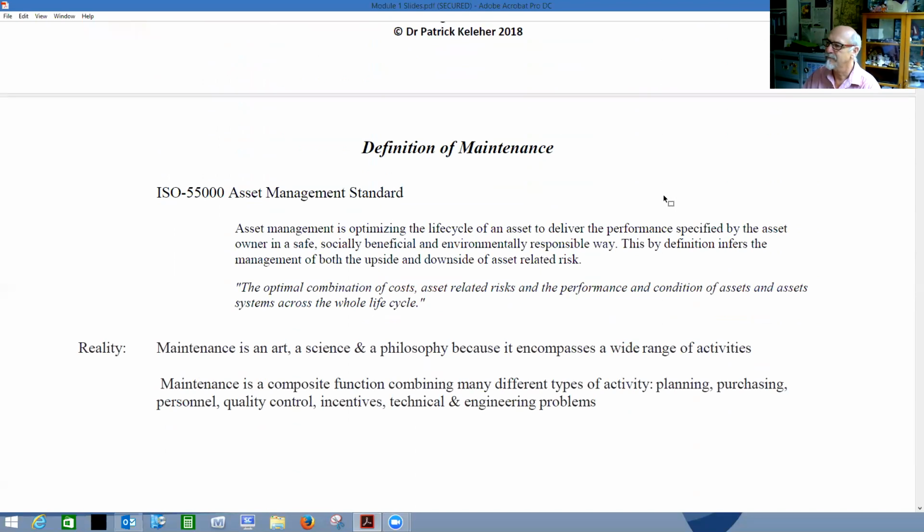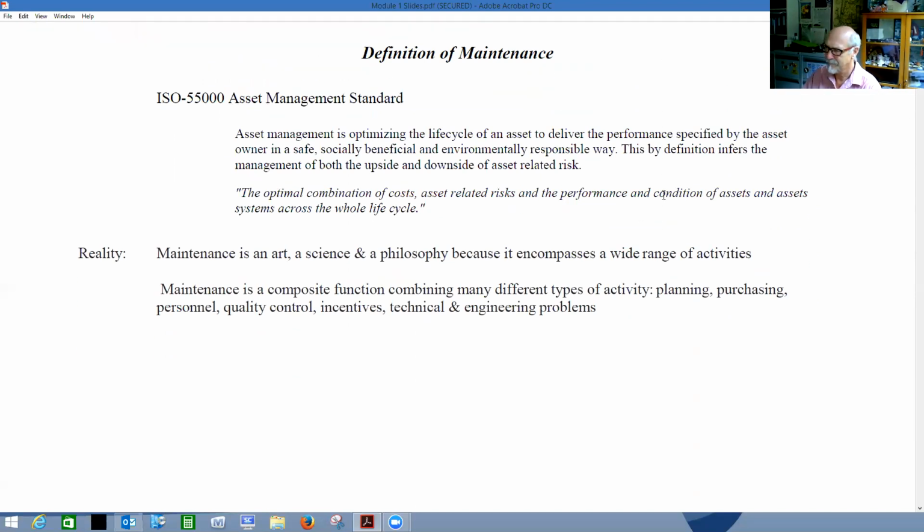All right, so moving on to the international standard from the PAS 55. This one says asset management is optimising the life cycle of an asset to deliver the performance specified by the asset owner in a safe, socially beneficial and environmentally responsible way. This by definition infers the management of both the upside and downside of asset-related risk: the optimal combination of costs, asset-related risks, and the performance and condition of assets and asset systems across the whole life cycle.